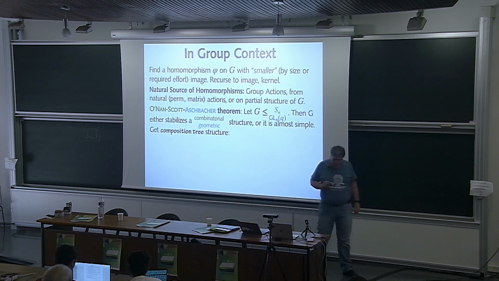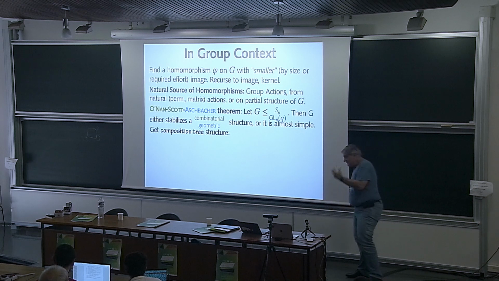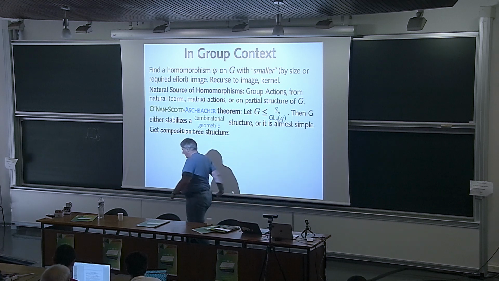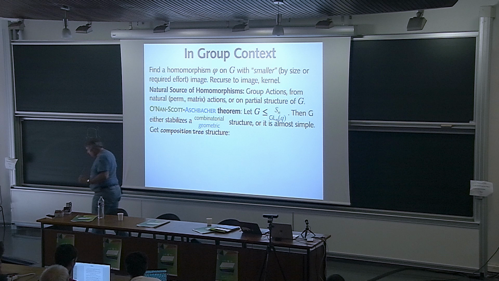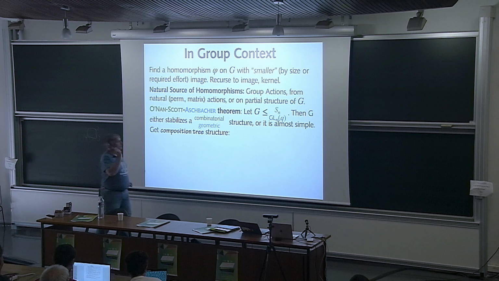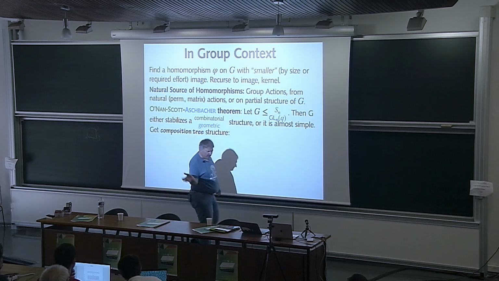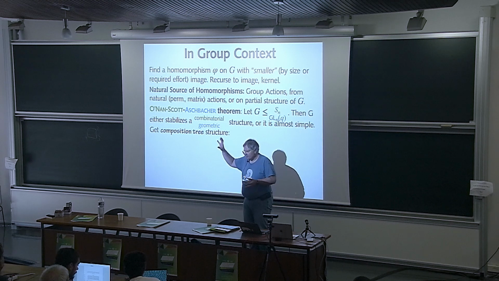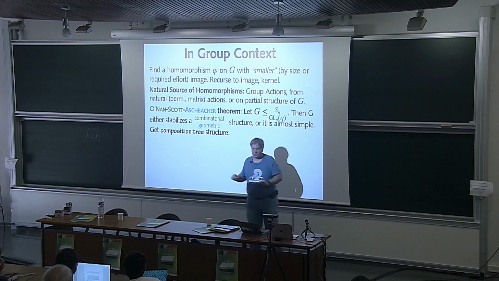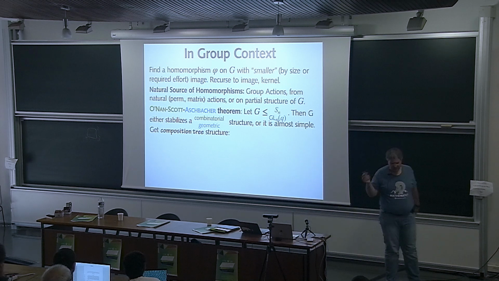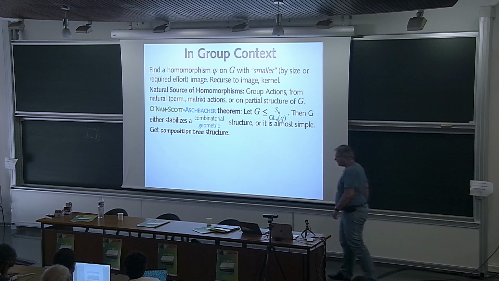So let me first talk about the first part. How do I chop it apart? If my group is not simple, I need to find a homomorphism with a kernel that is smaller. And why do I want the homomorphism and not a normal subgroup? Because the image of the homomorphism also gives me the quotient, and then I have the two parts of the group. I have the factor group and the normal subgroup. So I want a homomorphism with an image that is smaller. Why do I have smaller in inverted commas?